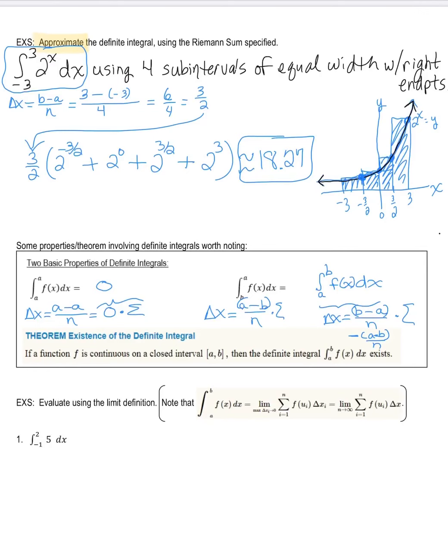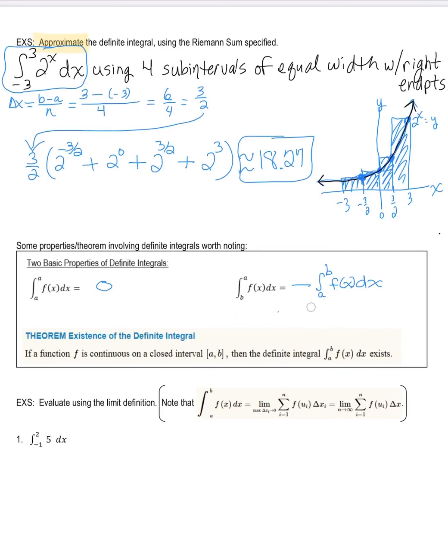So now if I factor out that negative, I now have a minus b over n, and that's times the sum. This is the original one. So what does this really mean? It means that if you change your limits of integration, you're going to get the opposite result.